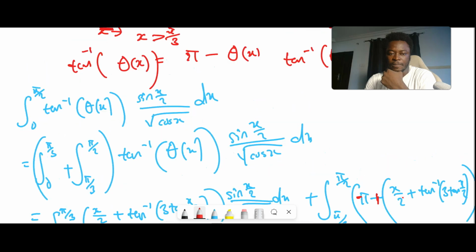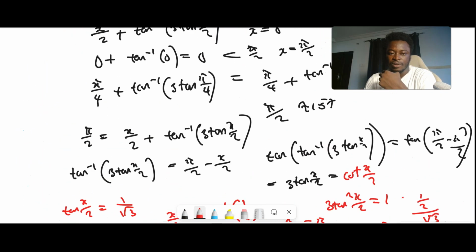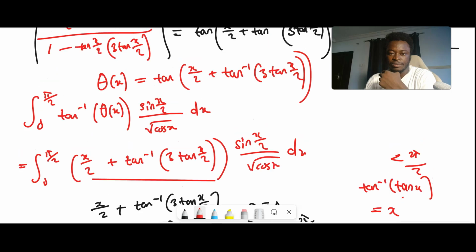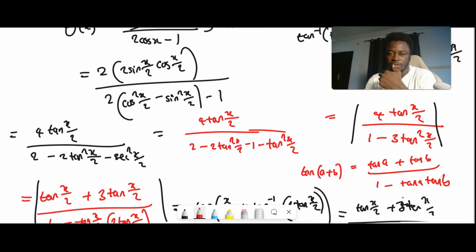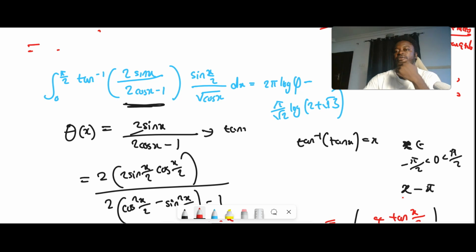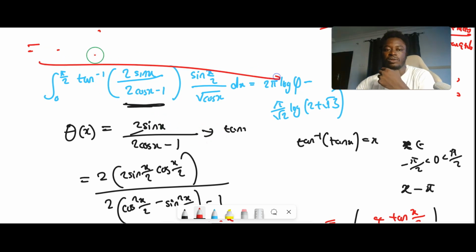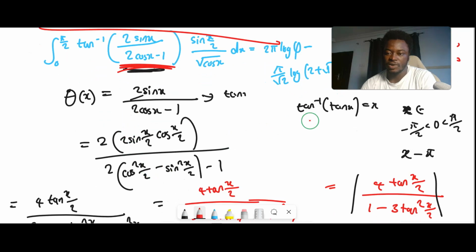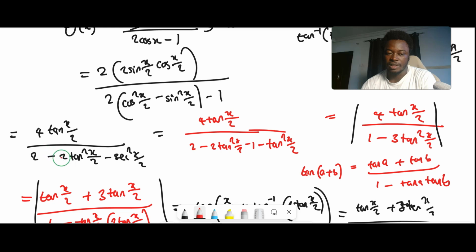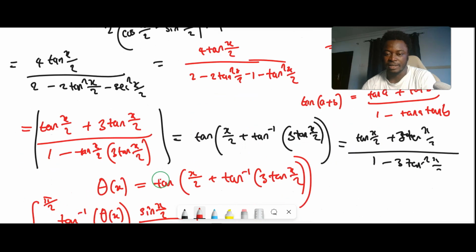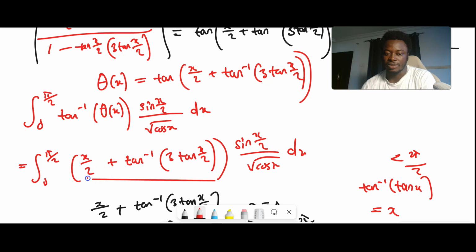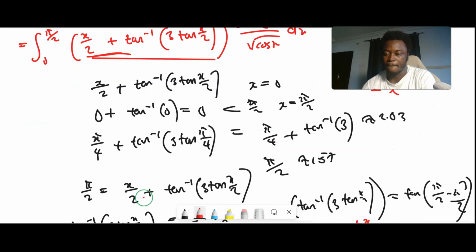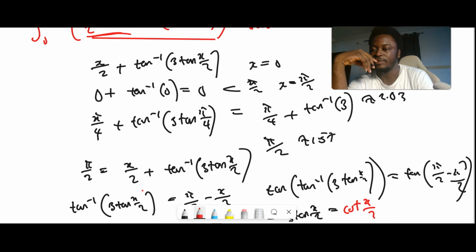Yeah, this was the integral we wanted to solve, and we started with the argument whereby we let it be equal to theta of x. We simplified the whole thing out, and then we ended up with something nice, and then we turned all of this into a double integral, and that was how the problem was solved.